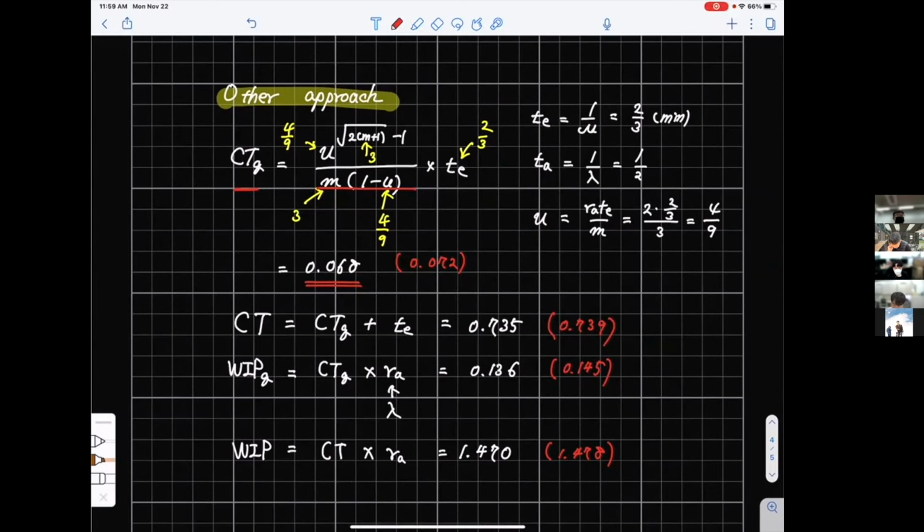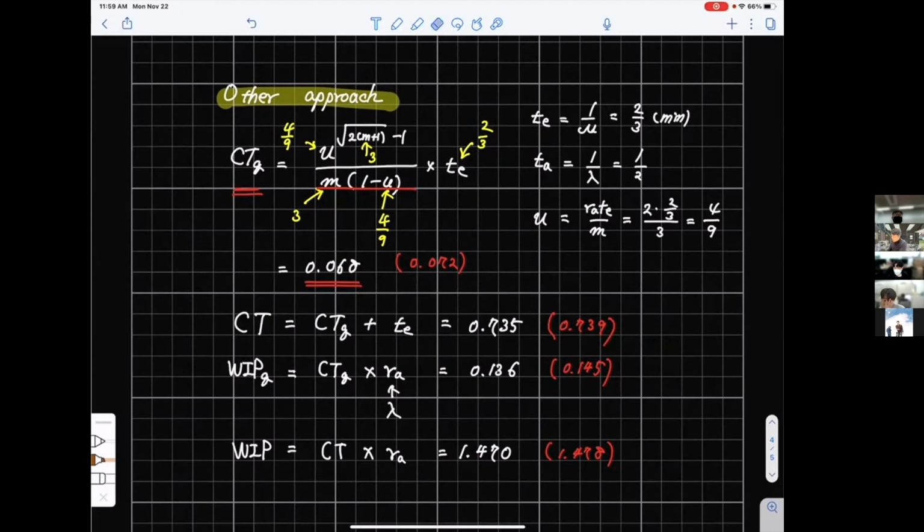So that means in this formula, there can be some gap compared with the queuing theory. Anyway, this approach also makes it possible to get some numbers. These numbers are also very close to the analytic solution.